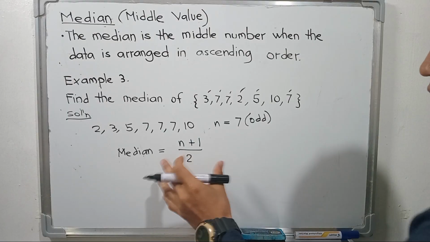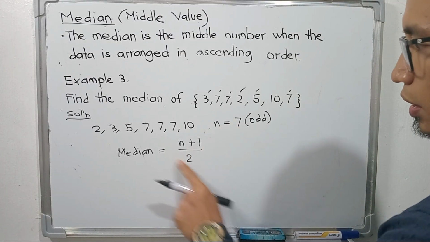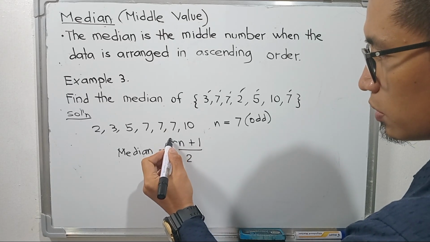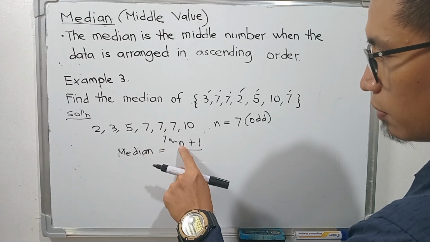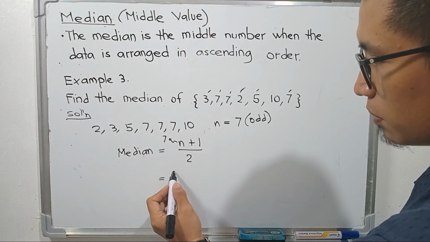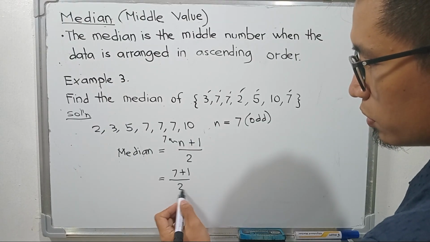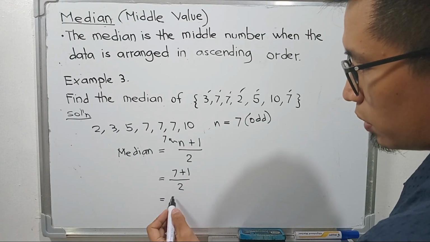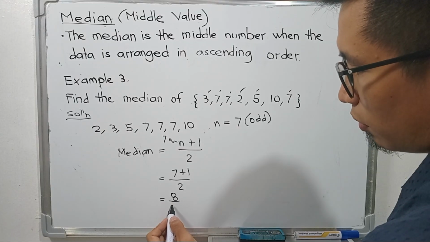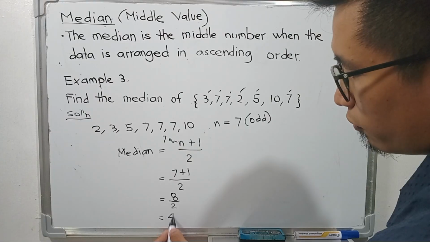So all we have to do is plug in 7 here in our equation. This n right here, we will replace with 7. So the equation would become 7 plus 1 over 2. 7 plus 1 is equal to 8 over 2, and 8 over 2 is equal to 4.